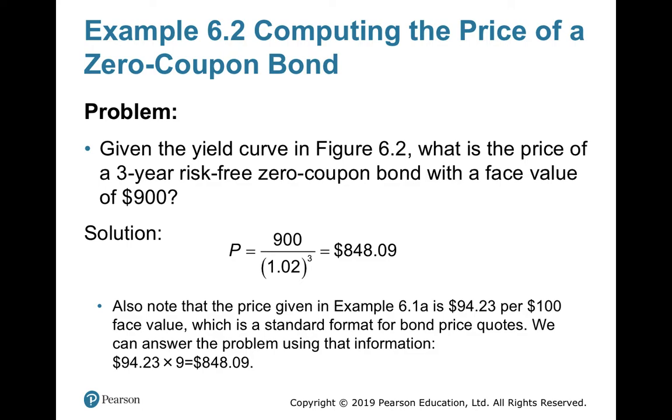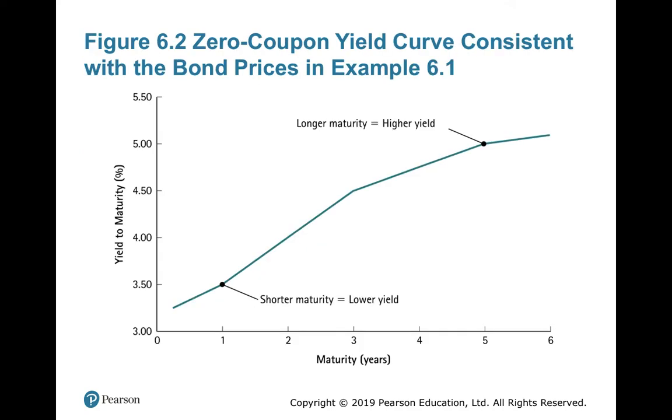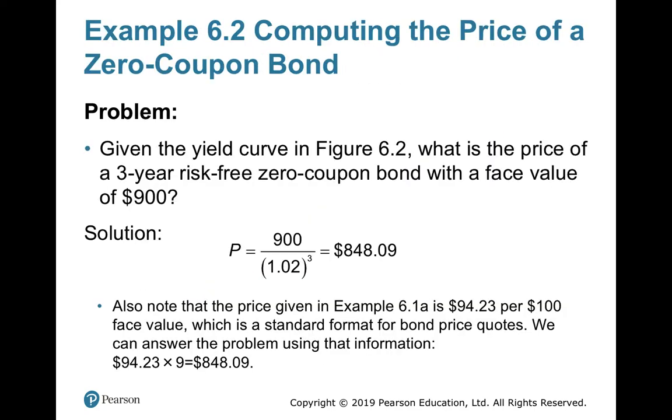The time value of money suggests that the present value is equal to future value divided by 1 plus r to the power n, isn't it? So the present value of the 900 face value bond at a YTM of 2% is future value divided by 1.02 to the power 3, equal to 849.